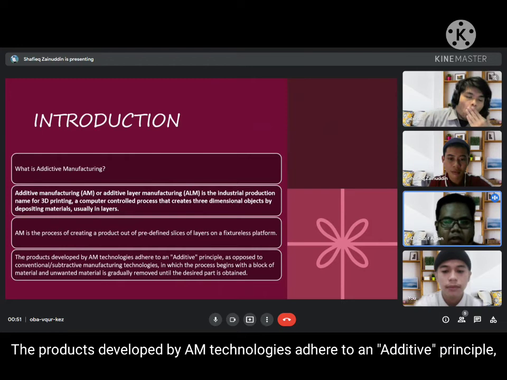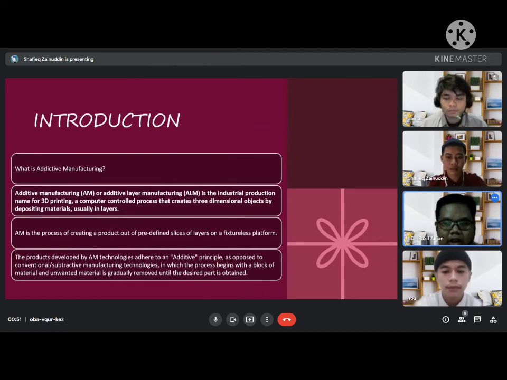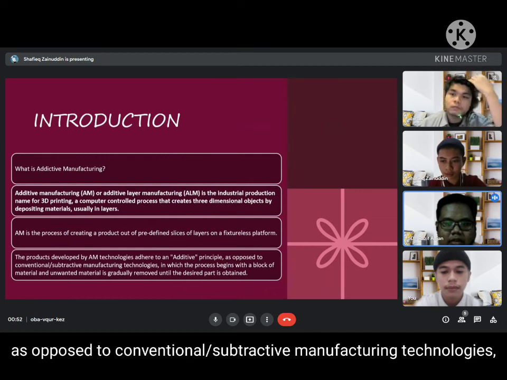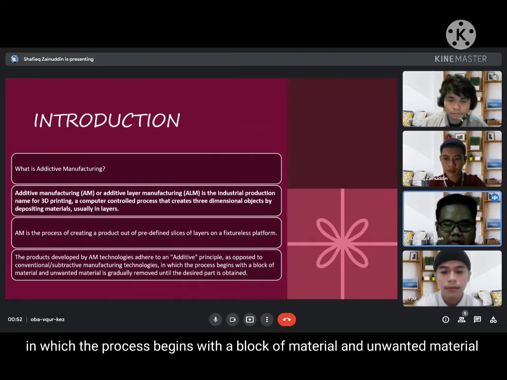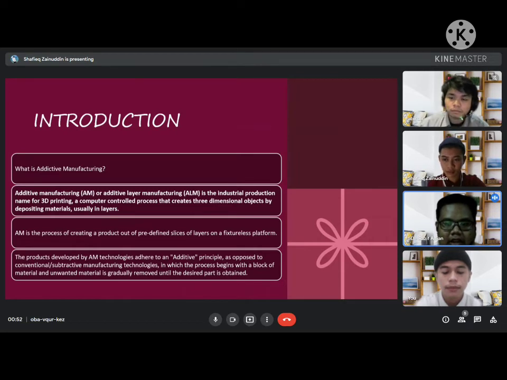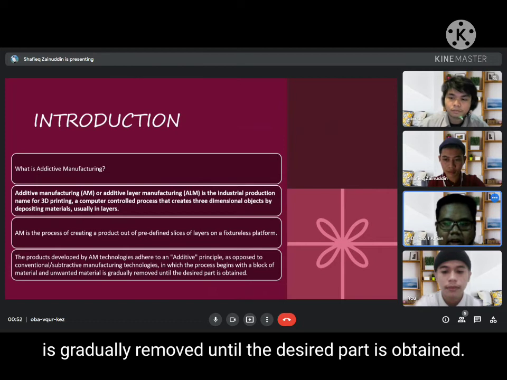The product developed by AM technologies adheres to an additive principle, as opposed to conventional or subtractive manufacturing technologies, in which the process begins with a block of material and unwanted material is gradually removed until the desired shape is obtained.